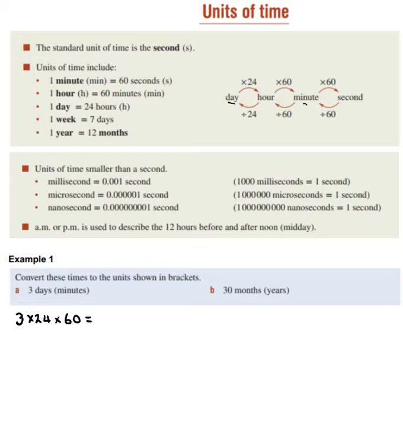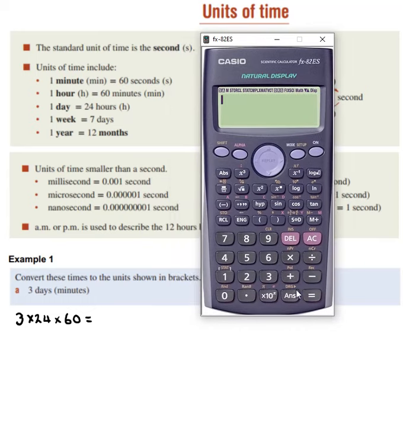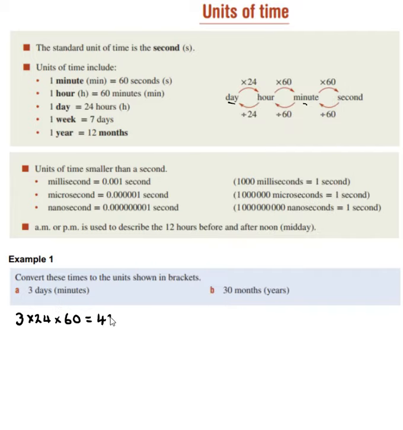So if we bring our calculator in, 3 times 24 times 60 equals 4,320 minutes.